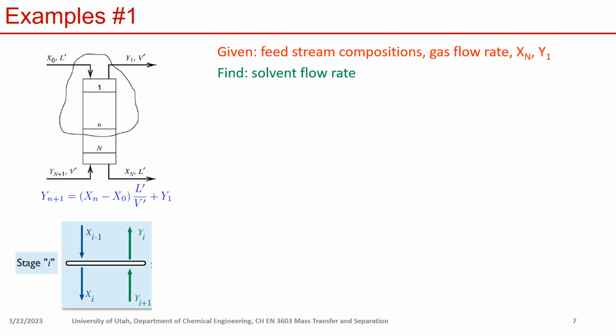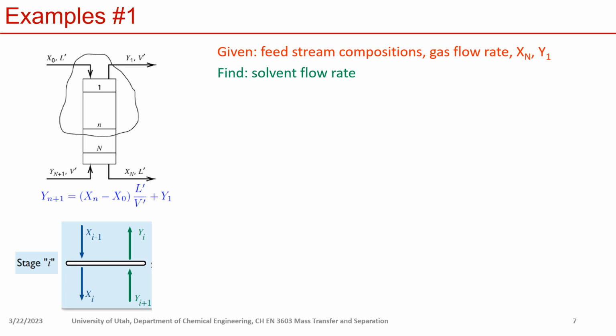Then they mix in each tray, and when they mix, the solute transfers from the gas phase into the liquid absorbent phase, right? And basically the whole design of an absorption tower is to figure out, if we want to achieve a certain separation outcome, right?